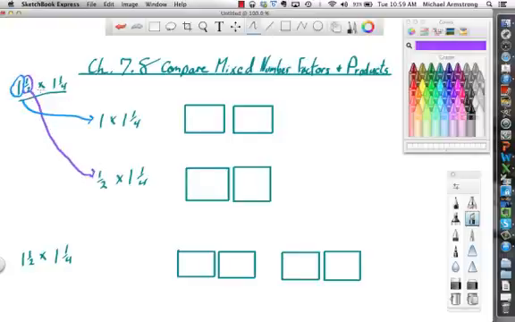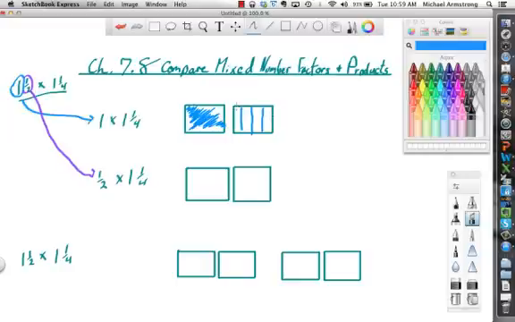So 1 and 1/2 times 1 1/4 can be done 1 1/4 times 1. So 1 1/4, if we go back to this color, we can shade 1 1/4 one time. So we shade this whole thing once, and then we're going to cut this into fourths, and we could cut it like this.